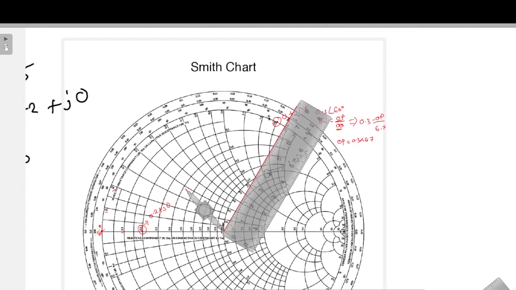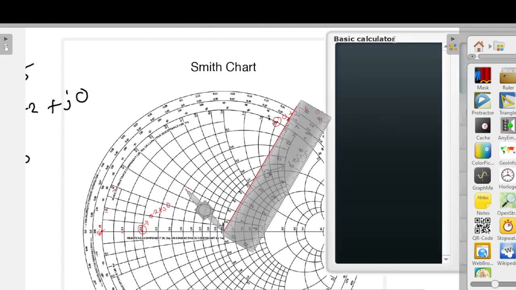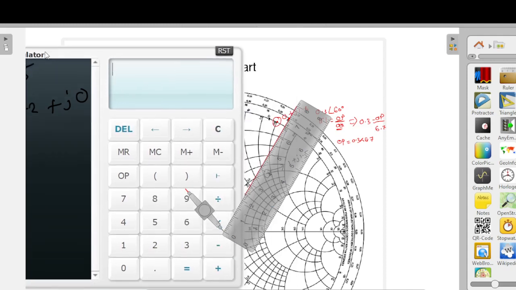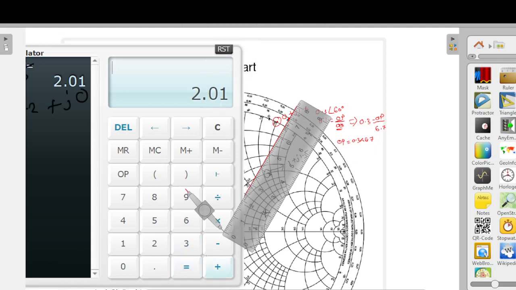So we'll just calculate that. 0.3 into 6.7, so that value is 2.1. So OP equals 2.1.